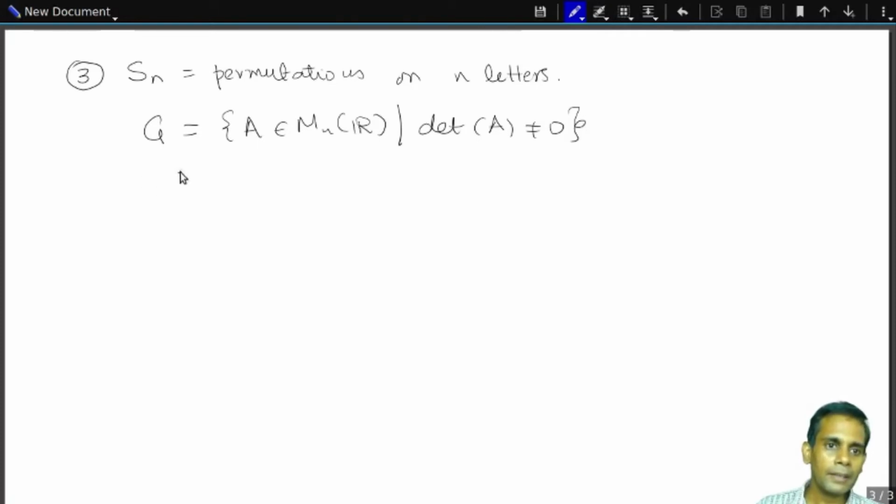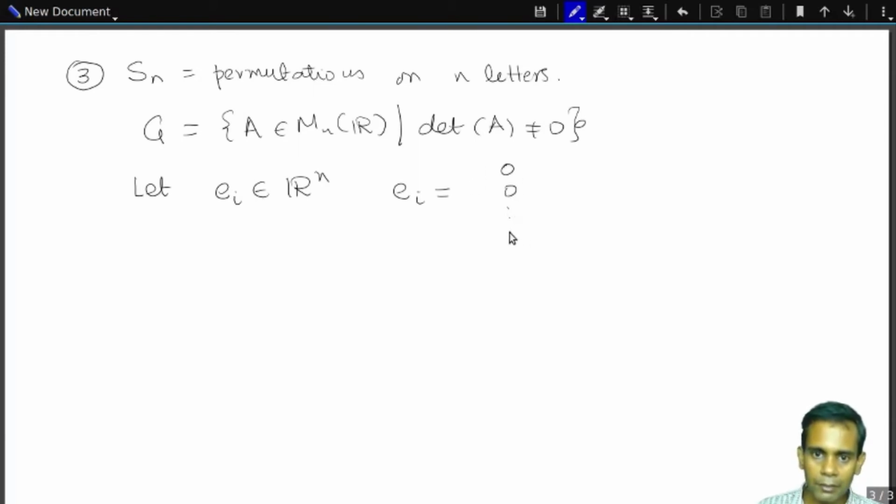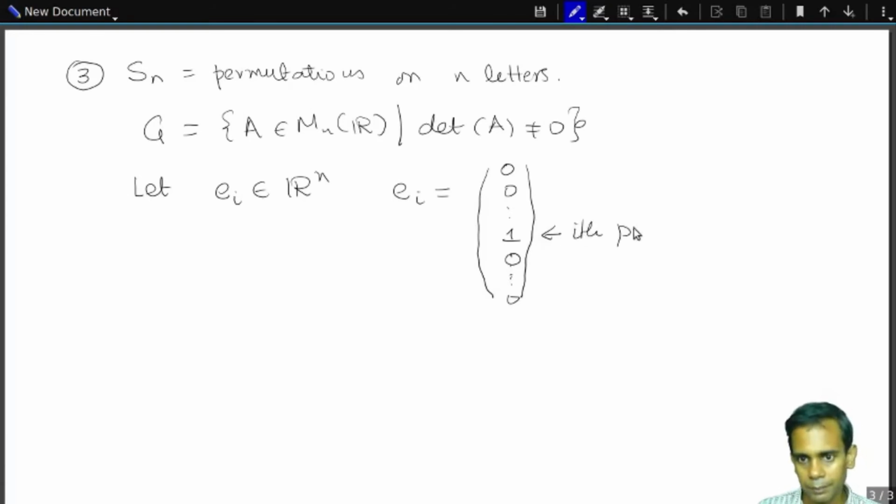And I'm going to define the homomorphism the following way. Let e_i in R^n be the vector given by 0, 0, 0 everywhere except for a 1 in the ith row. It's just a column vector with a 1 in the ith position. So e1, e2, e3, these are all basis vectors for R^n, if you think of them as column vectors.